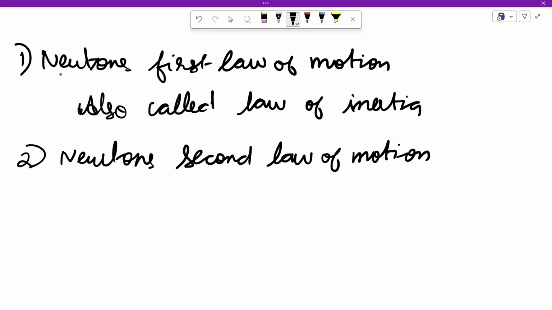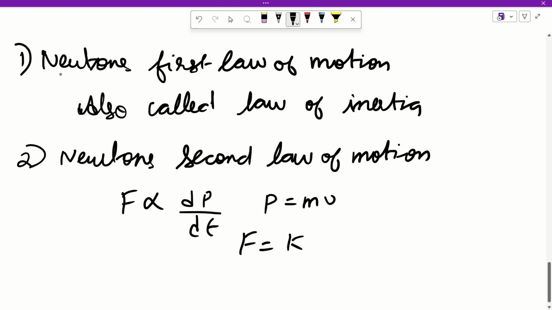Mathematically, applied force F is proportional to the rate of change of momentum, that is dp by dt. We know that p is equal to mv. I want to remove this proportionality, so I'm writing a constant k into d by dt of mv. Here k is the constant of proportionality.